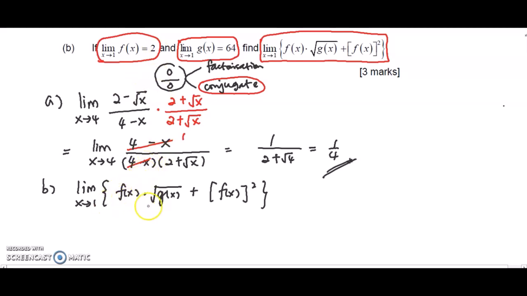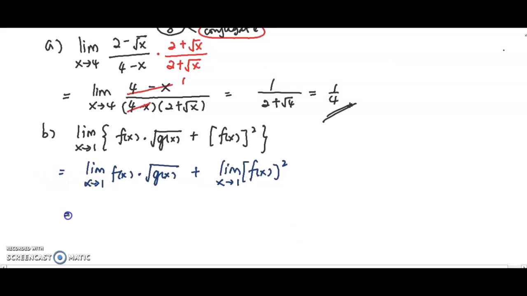Firstly, I will split this limit, as x approaches 1, into 2 terms of the limit, the same limit but with different functions. And after that, this can be separated into the limit as x approaches 1 of f(x) multiplied by the limit as x approaches 1 of the square root of g(x), plus, for this term, the square we can bring out.